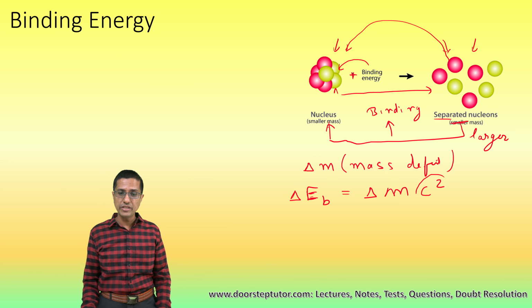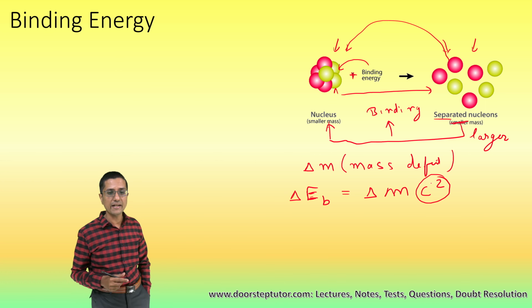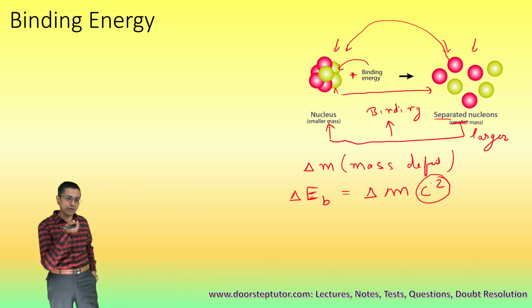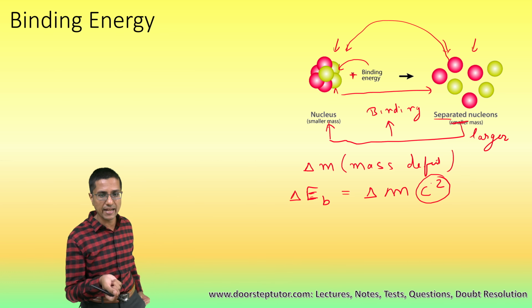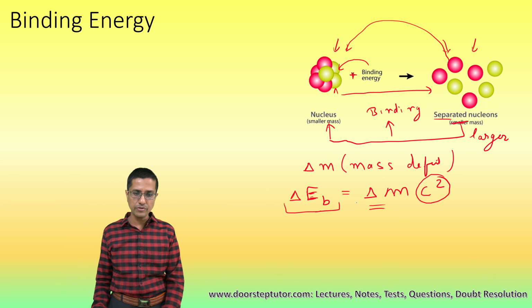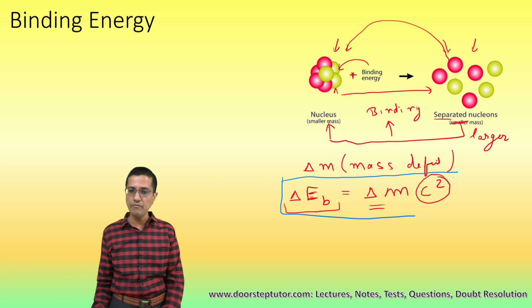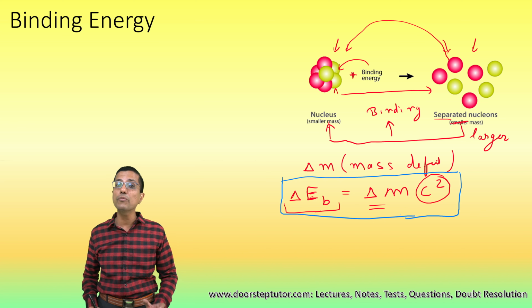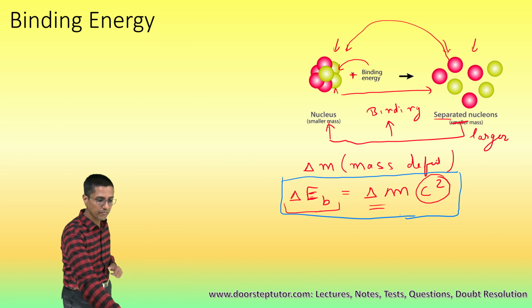Therefore, because of this large factor, even a small delta M leads to a very large amount of binding energy. Okay, so that is the formula for binding energy in terms of mass defect, and this formula is of course very important. In the next class we will discuss a numerical based on this formula. So definitely subscribe to this channel.